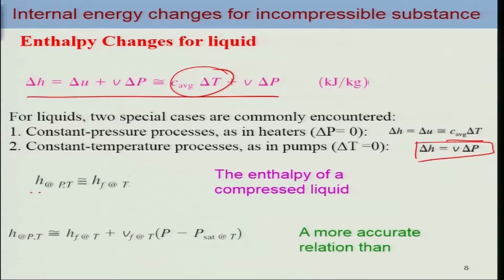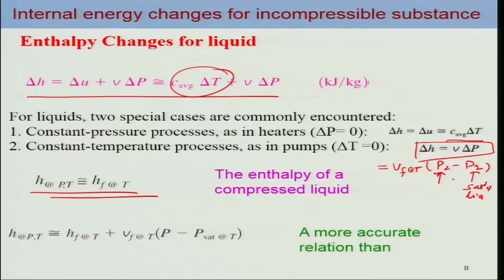That was an earlier approximation, but if you consider that delta H can be related to V delta P, you can write this as v_f at T times (P2 minus P1), where state 1 could be the saturated liquid and state 2 the compressed liquid.